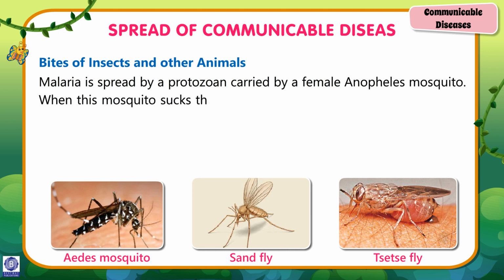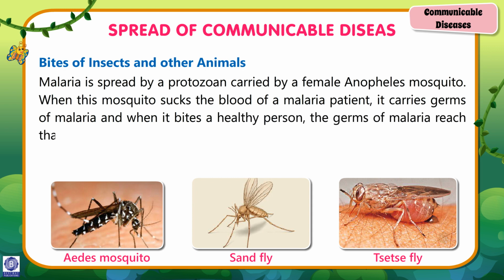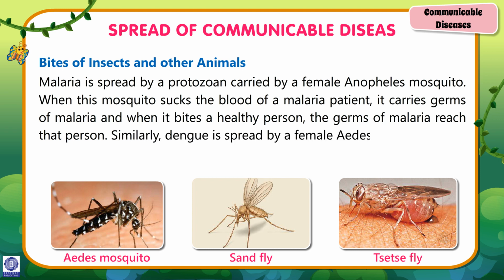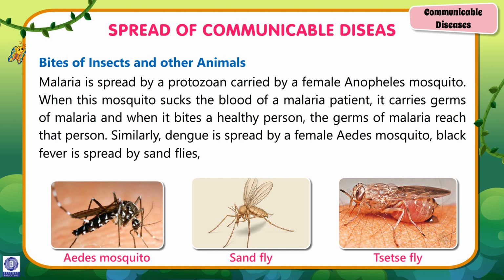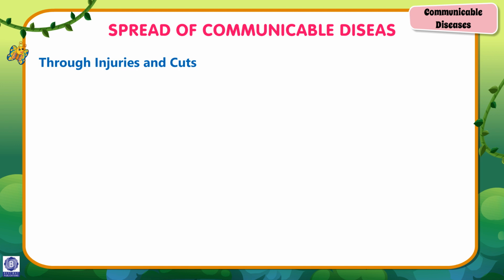When this mosquito sucks the blood of a malaria patient, it carries germs of malaria, and when it bites a healthy person, the germs of malaria reach that person. Similarly, dengue is spread by a female Aedes mosquito. Black fever is spread by sand flies. Sleeping sickness is spread by tsetse flies, and plague is spread by fleas.